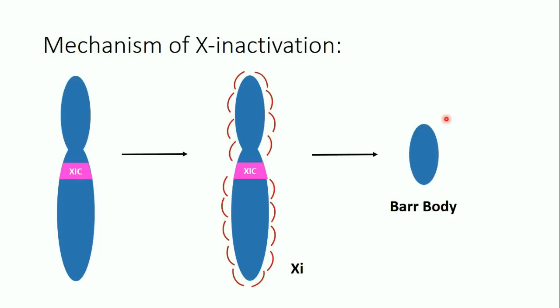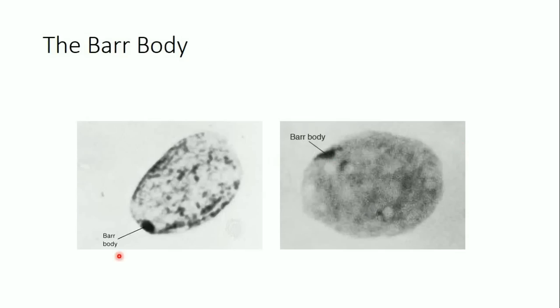This is what we call the Barr body. So the X chromosome is compacted into a Barr body because of the methylation and the deacetylation of the histone tails.